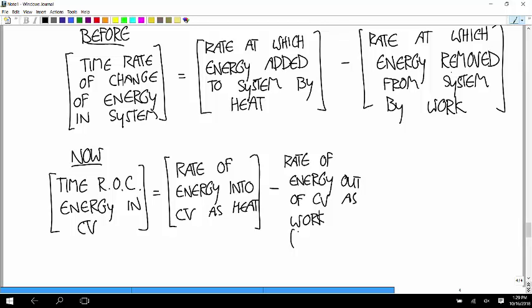And here, let's say we're going to account for the inlets and the outlets separately. So this is excluding any work done at inlet and exit.